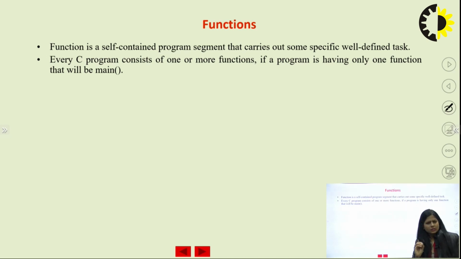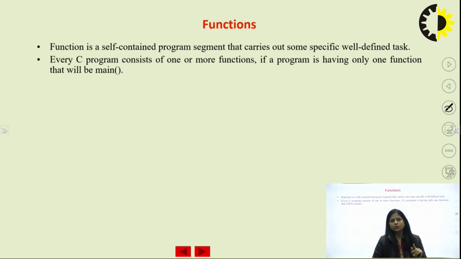If there is just a single function in your program, it has to be main, right? Why is it so? Because main is the entry gate of any C program. The compiler will start reading from the main function only. So that's why it is mandatory, if there is just a single function in your program, that it has to be main.